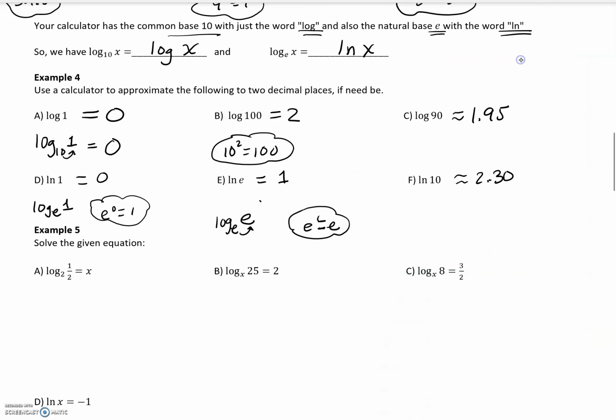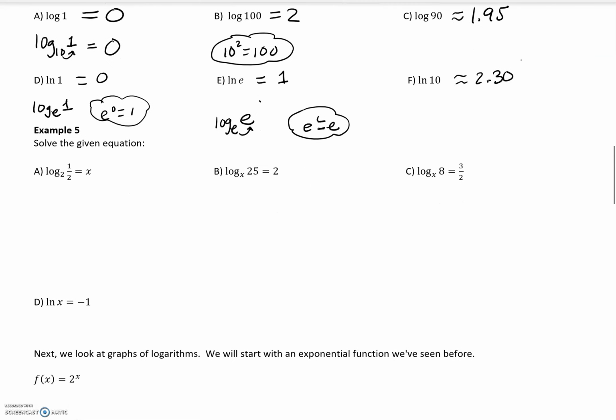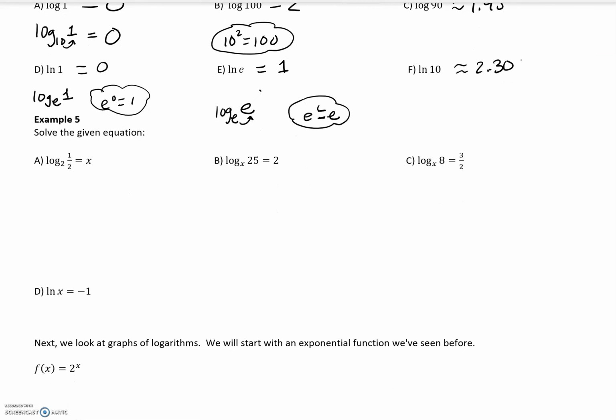Now let's go to example 5, where all we have to do is solve the given equation, which means either guess the base, the argument, or the exponent, and I can do that quickly by just applying the circle I told you guys about. So if I put this in exponential form, this equation is essentially saying 2 to the x should give me 1/2.